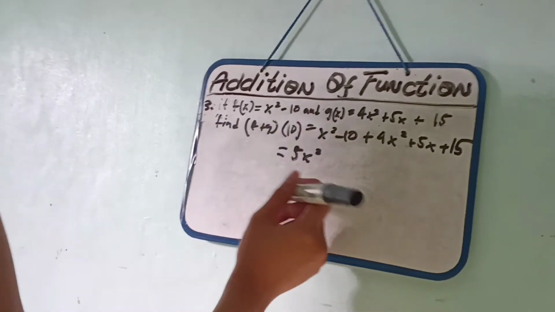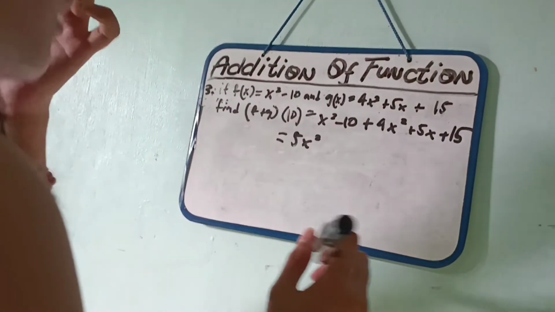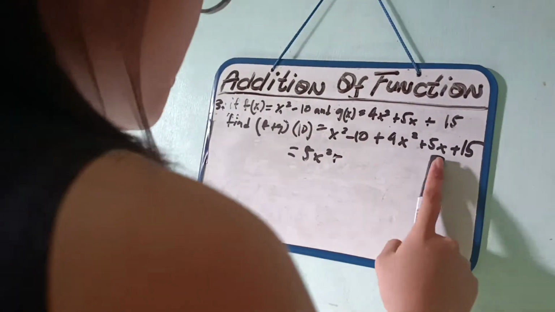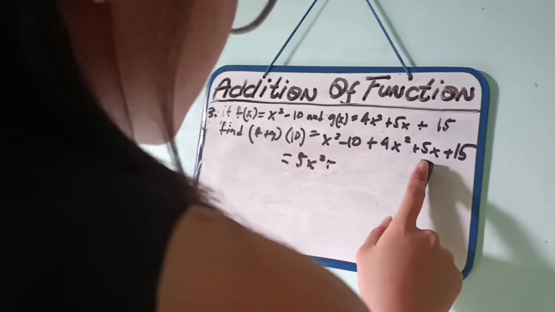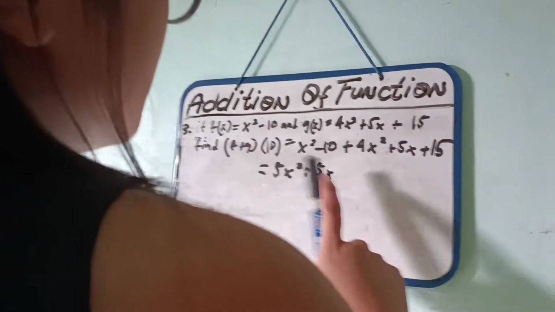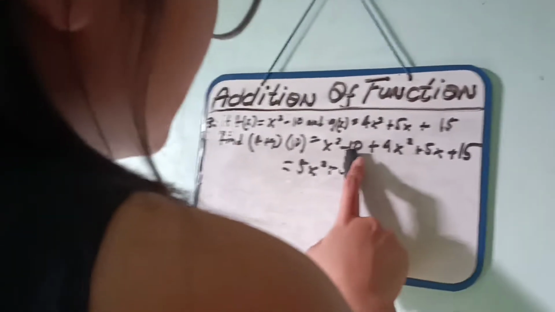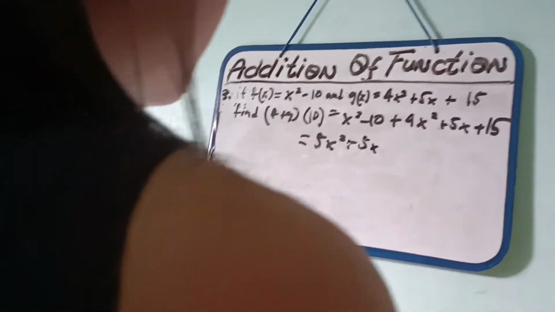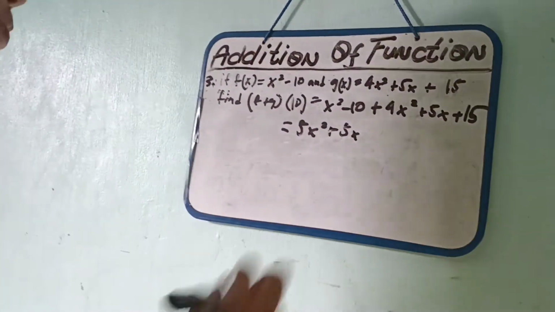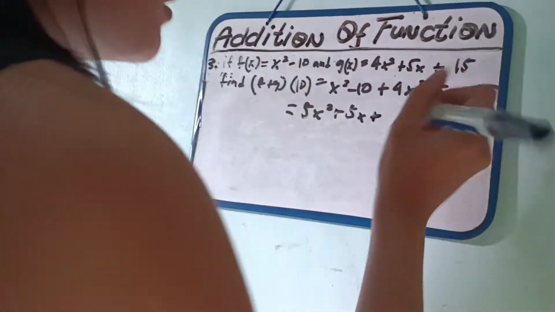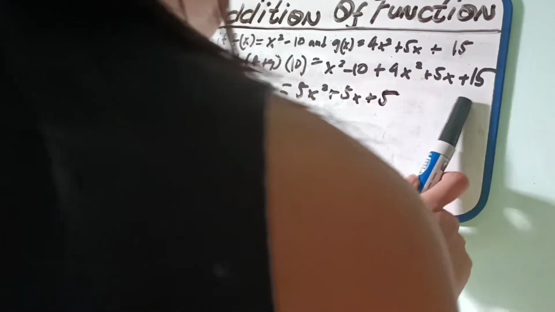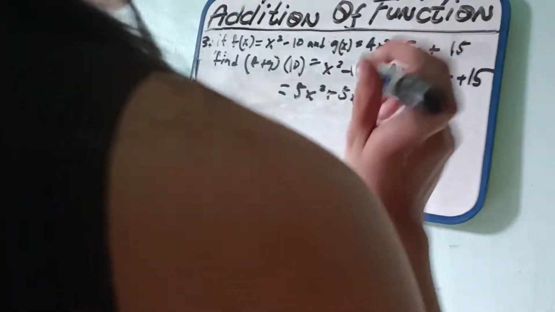So, next is 5x plus 5. Is there a like term for 5x? None, so just copy it here. Next is negative 10 plus positive 15. So, that would be subtraction. Actually, positive 5. Copy the higher sign, which is positive 15.